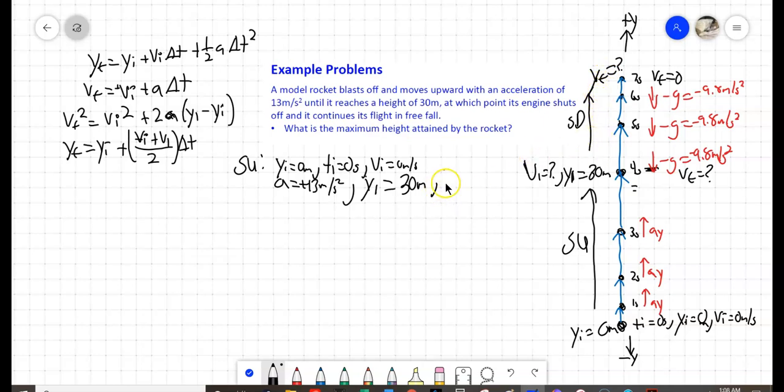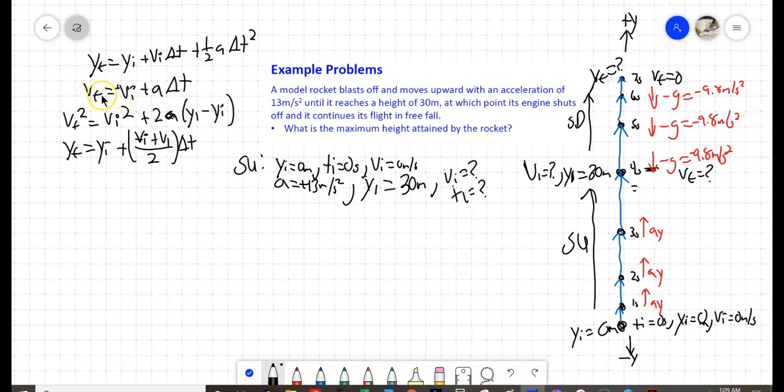The other option is getting t final, the time that we hit the 30 meter mark too. So we could actually go ahead and get both, because I'm not sure which one's going to be more useful. Okay. The reason I'm saying this is that here we have two unknowns.